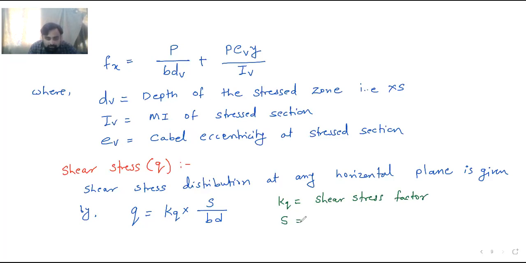And S is equal to part of prestressing force at section 1-1 acting above section 1-1. Okay, so how to calculate this, what is KQ, that we will see while solving the numericals. Right now I am telling you just the formulas. This formula we need to use. This is for the shear stress.